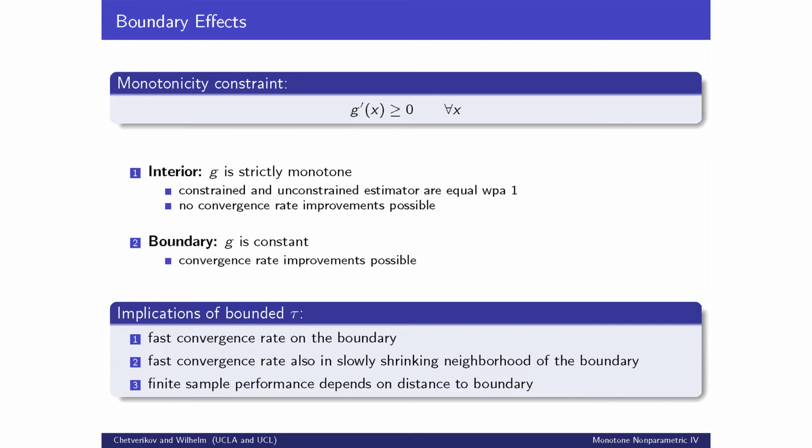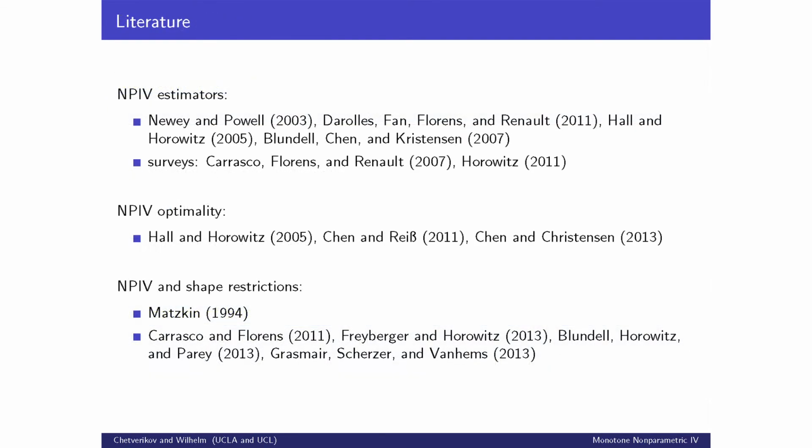Before that, I want to just briefly mention a few related papers. As far as we know, people haven't really studied what's the impact of shape restrictions on ill-posedness properties of our problem. But there are some papers, like for example Joel's work with Joachim, in which they use shape restrictions for identification purposes in non-parametric IV.